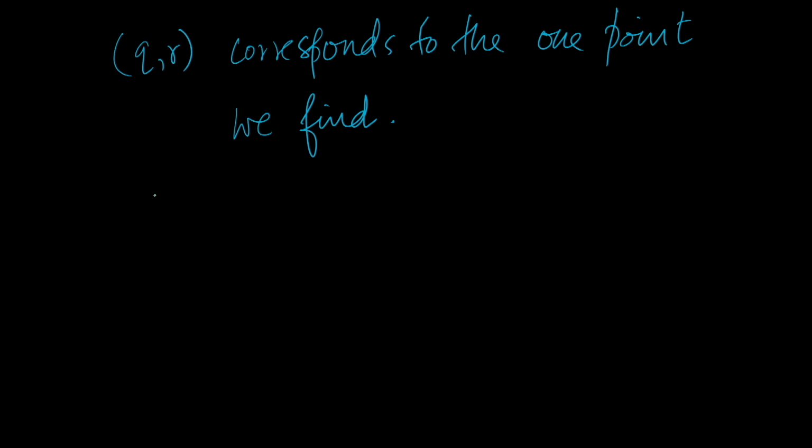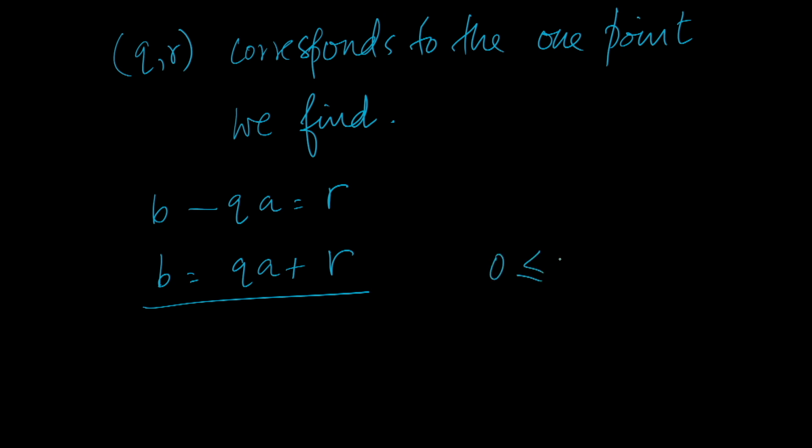Then at this point we have b minus qa equal to r, or b equals qa plus r. And here 0 less than or equal to r less than a. Now we have to argue that this ordered pair is unique.